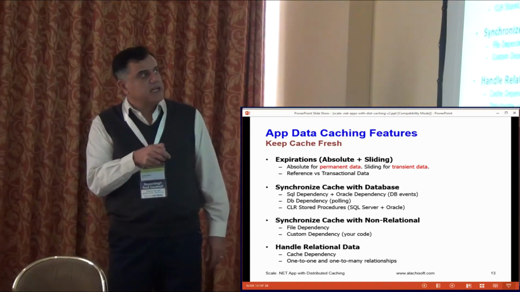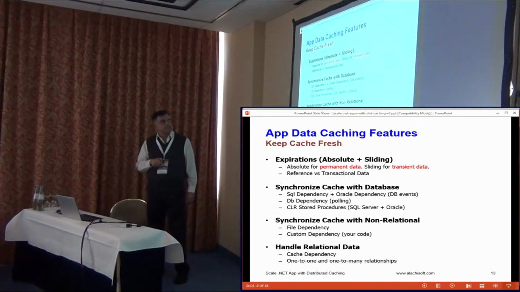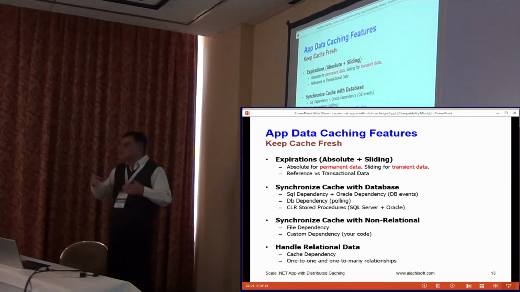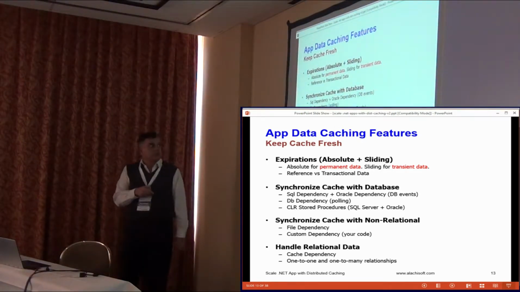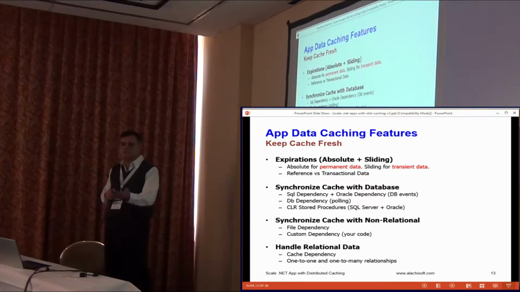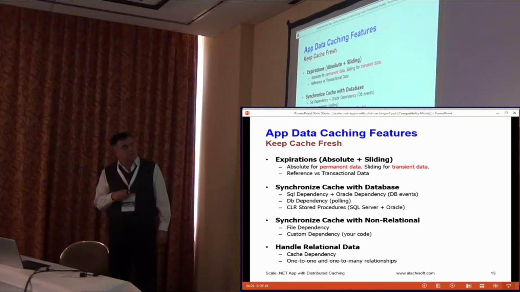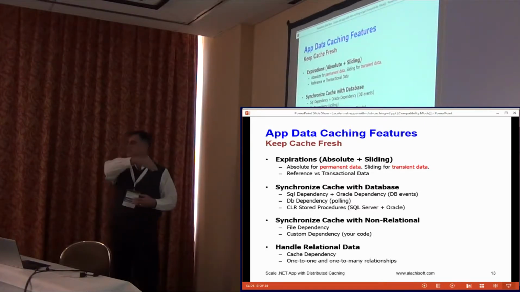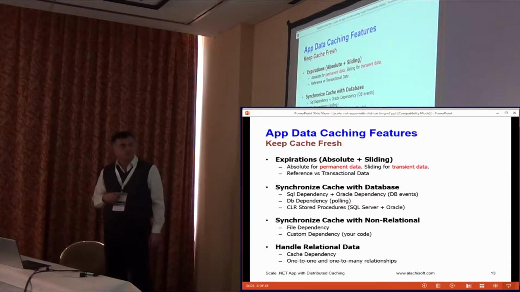Any guess? We could use one of the options here. Probably we have to go on a scheduled process, stuff like this. Yeah, the scheduled process would be this, yes, that's the polling one. Or the CLR procedure could be one.